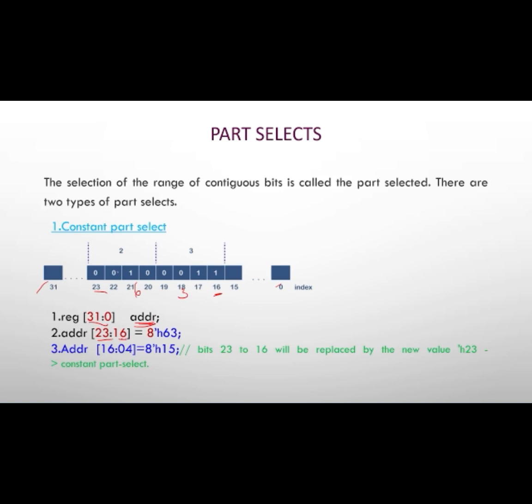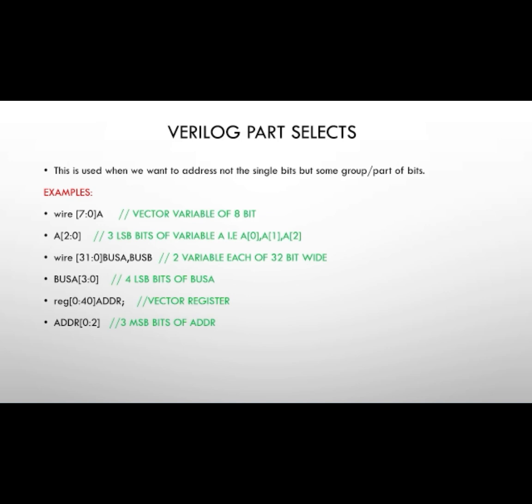So this is 6 and this is 3. When you mention it in this way, it is allocated in this way. Clear? So this is Verilog part select.